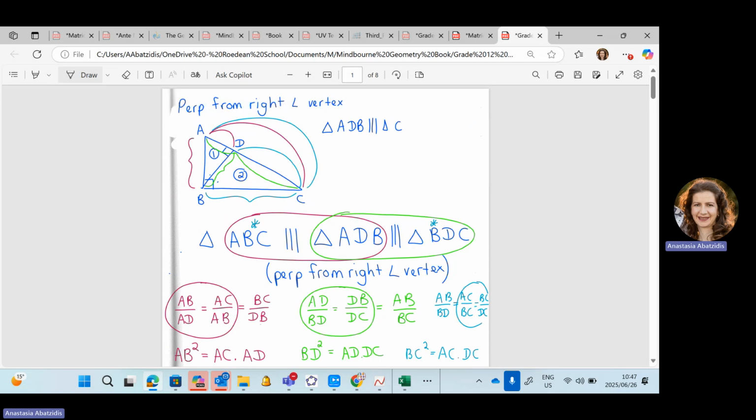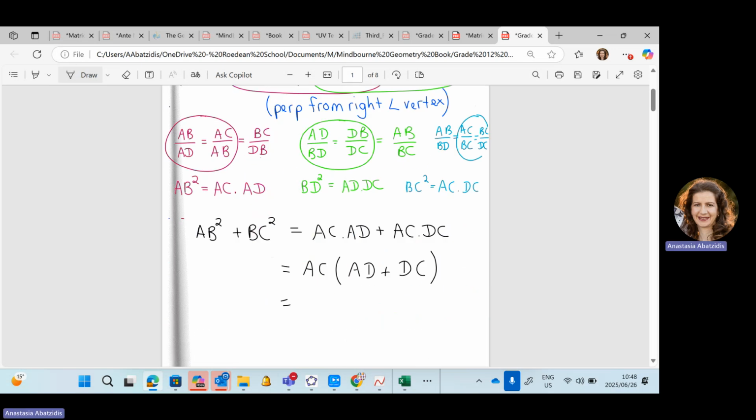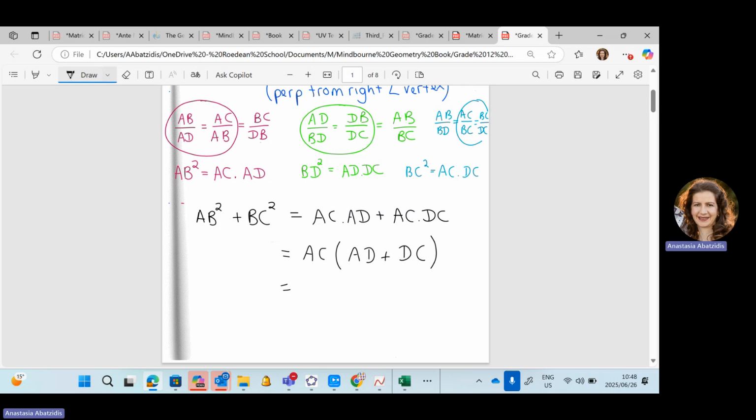Danny, what is AD plus DC? AC. Are we okay with that? So AD plus DC is actually AC. So now I've got AC times AC, which is AC squared. So here I've got AB squared plus BC squared is AC squared.